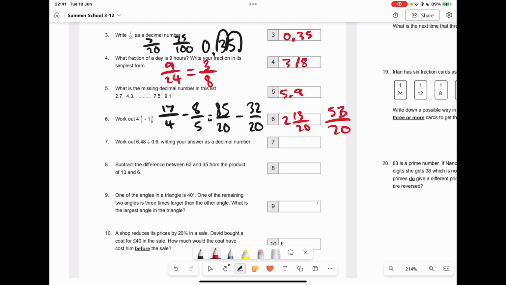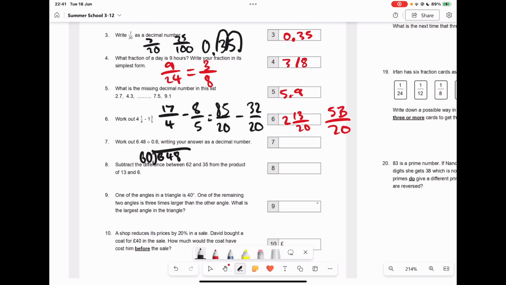Okay, work out 6.48 divided by 0.6, writing your answer as a decimal number. Okay, so 6.48 divided by 0.6, so what we can do is 648 and then divide it by 60.